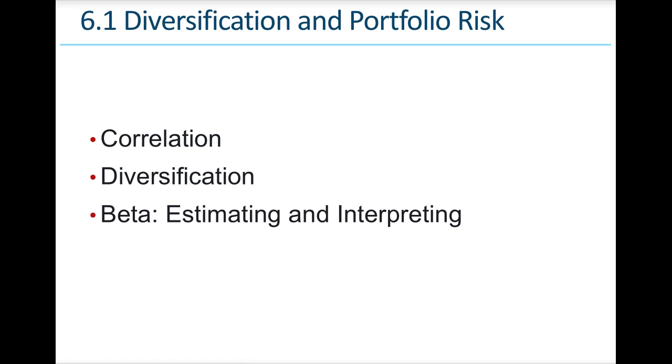Beta can measure this undiversifiable risk, and it's going to indicate a security's return related to a market. So it's the sensitivity of the security to the market, and that's why it's related to correlation, because the beta coefficient is sort of a correlation of your stock and its movement as compared to the market.